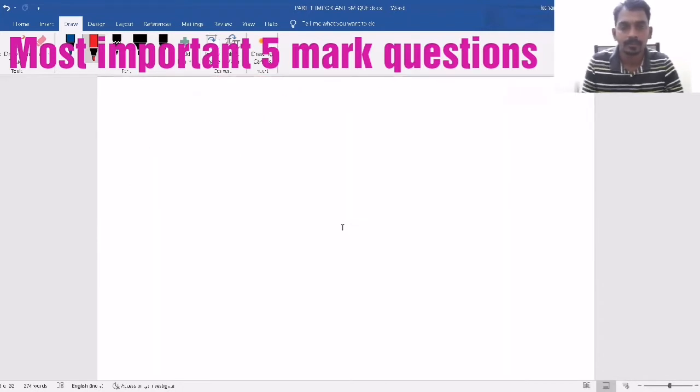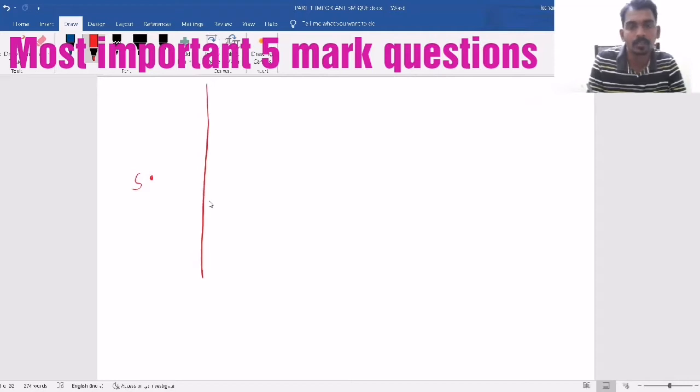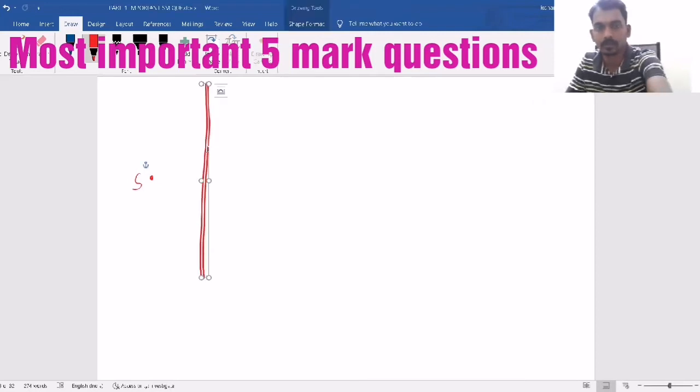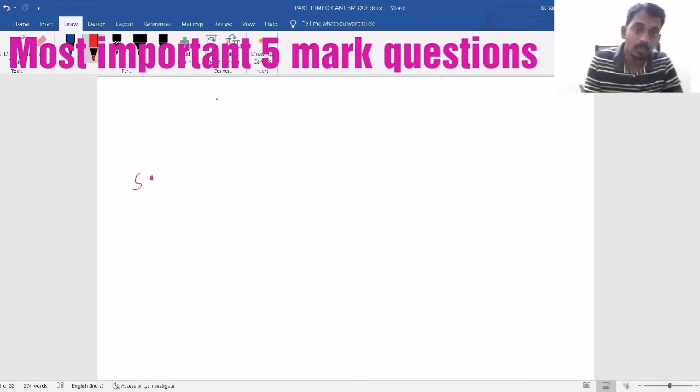Now see here, this is one source actually, capital S. This is one opaque object with two holes. One is S1, another one is S2, and the distance between them is d.